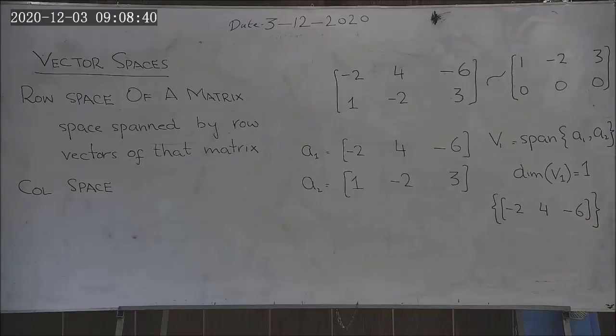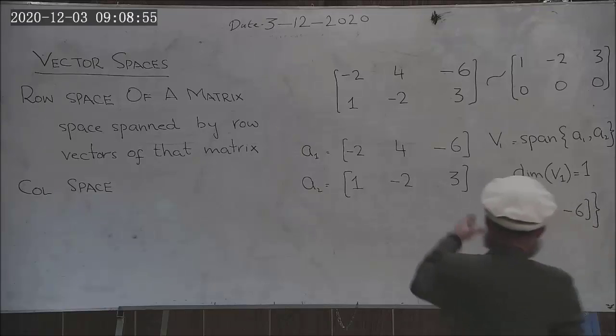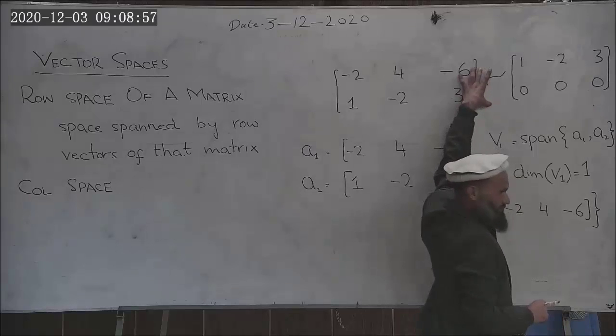What about column space? What is the dimension of the space spanned by the column vectors? It is 1, because the rank of this matrix is 1.